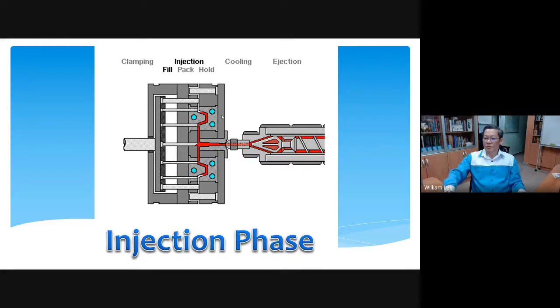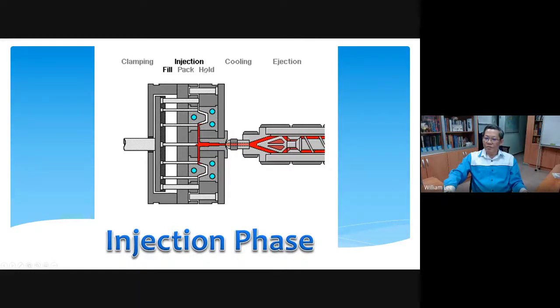We call this the cavity pressure, because it is exerted inside the cavity. It will try to expand the cavity, and sometimes it can force the plastic to flow out. This is called backflow. If the plastic from the cavity flows back to the runner system, you will end up with short molding. So at the same time, you need to hold it.